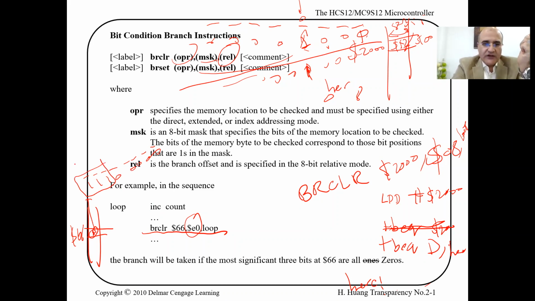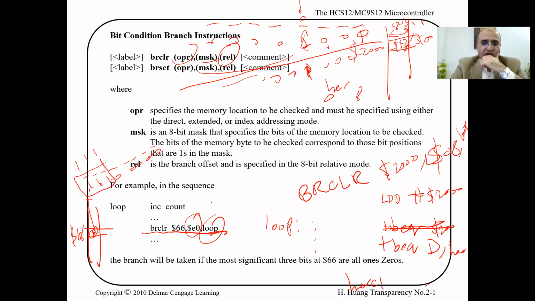If they are all ones, meaning any one of them, 3 bits, all ones. If they are all ones, okay, because you specify the bits you want to check, the condition will be true, and the program counter will go to the label where the loop is at.